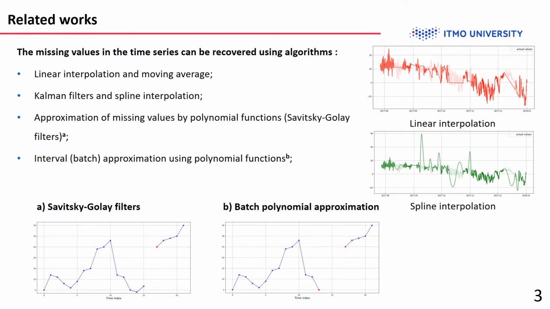It depends on the task. But nevertheless, in some cases we can get very inaccurate results. You can see such results on the right part of the slide, the example of applying linear interpolation and spline interpolation, and see that it's not good enough.